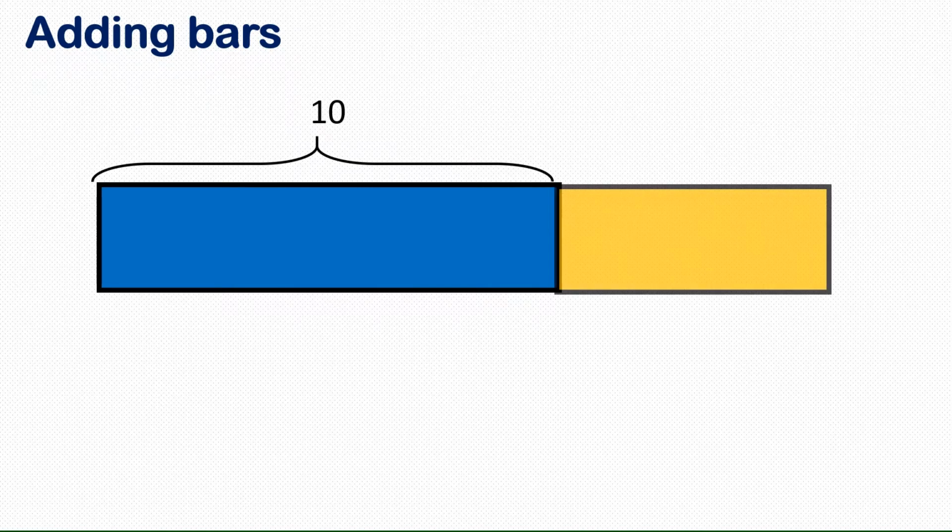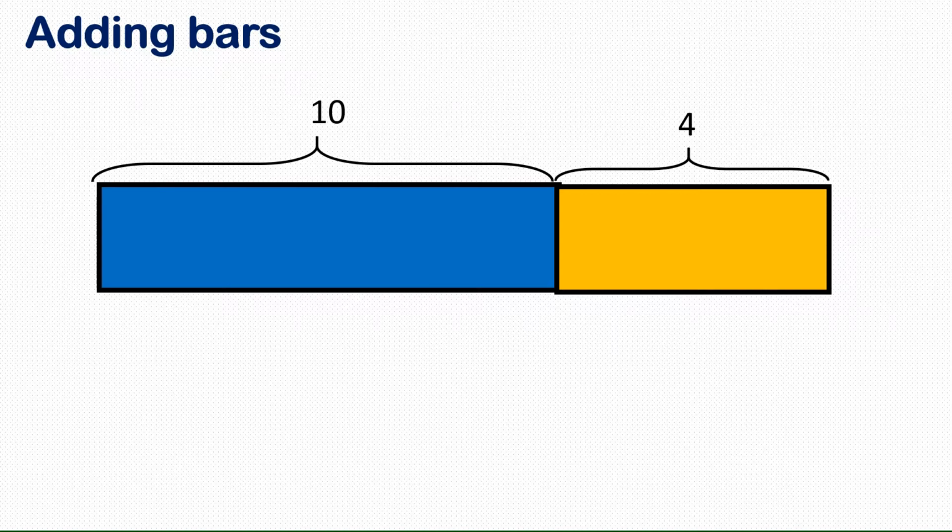First draw the blue color bar. Its value is 10. Then draw the yellow color bar next to the blue color bar. Its value is 4.